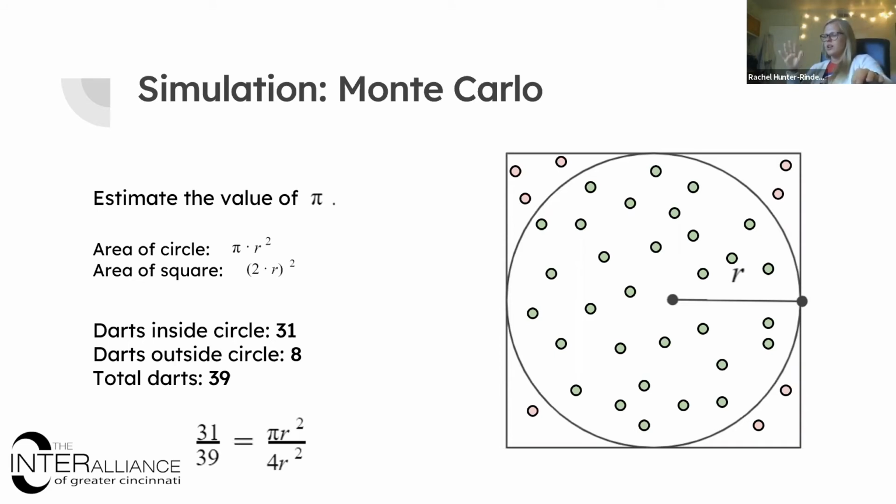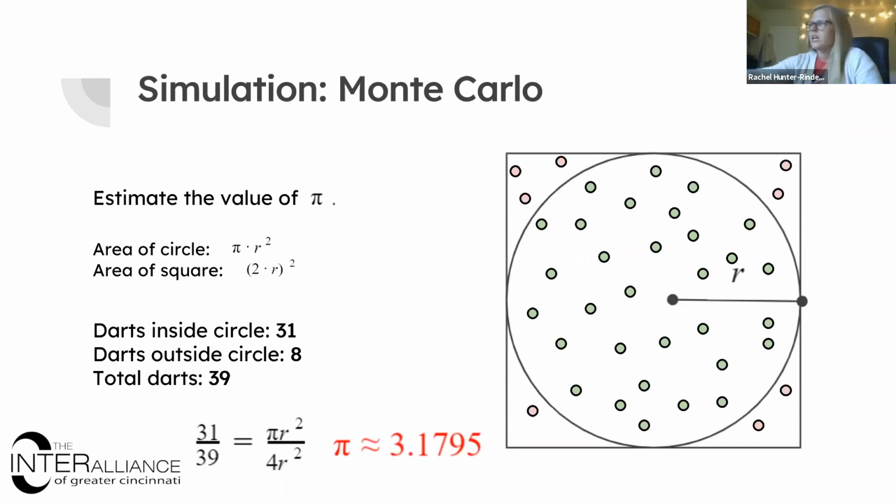So if 31 out of 39 darts fell into the circle, we could say that approximately 31 over 39, whatever that is as a percent, is how much of the area of the square the circle takes up. I'm hoping that's making sense. So let me show you here.